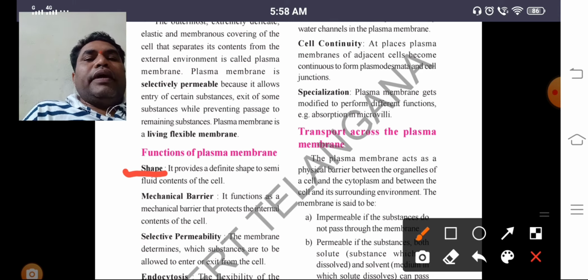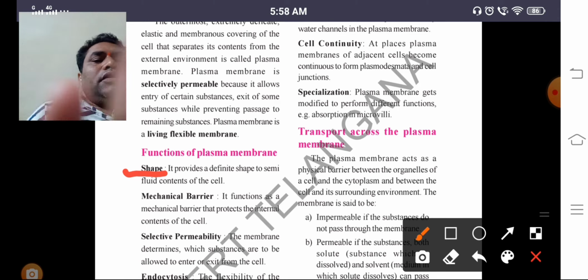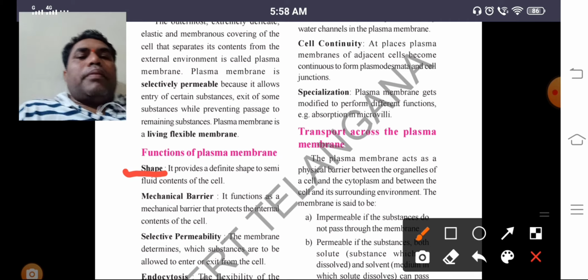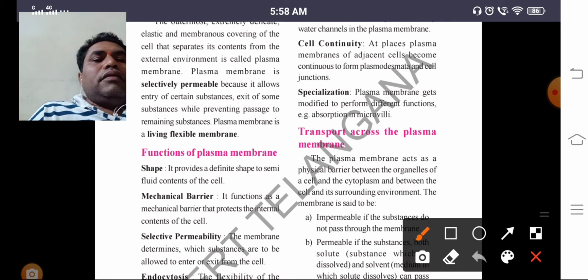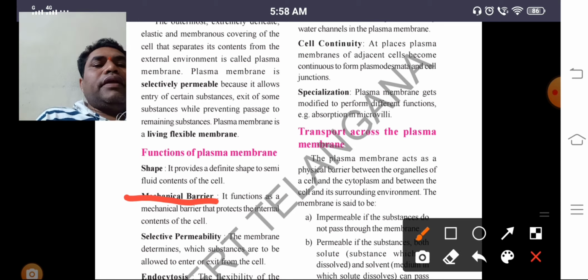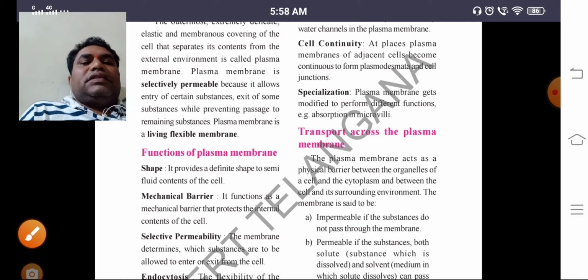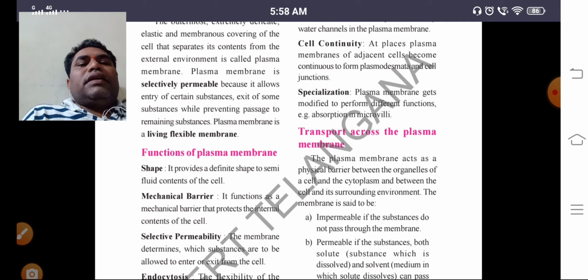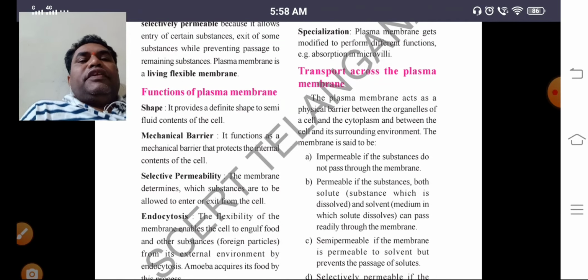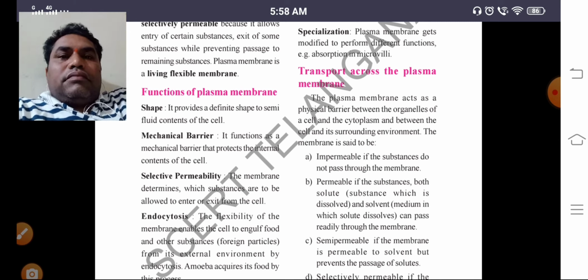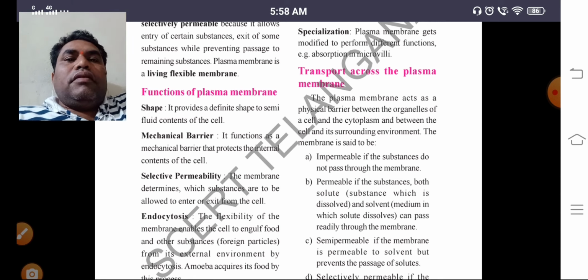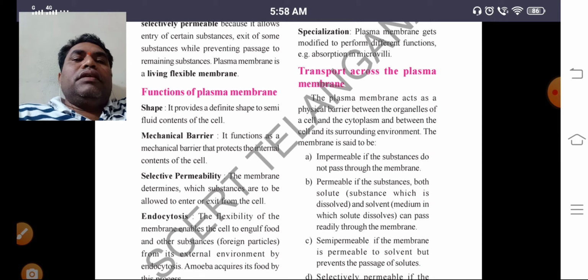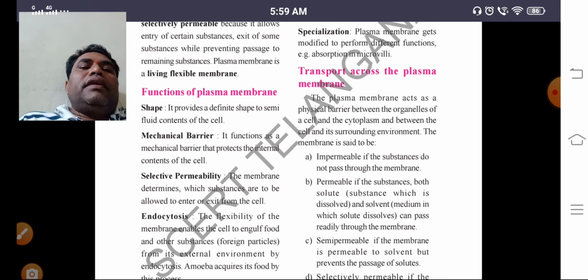Next, it is a mechanical barrier. It functions as a mechanical barrier that protects the internal contents of the cell.